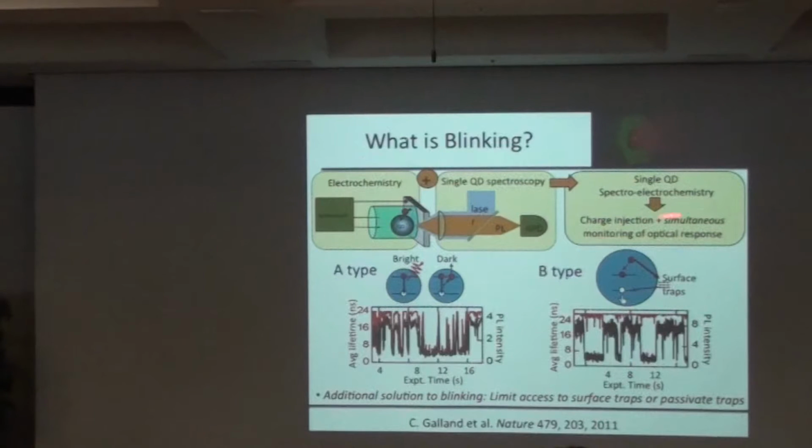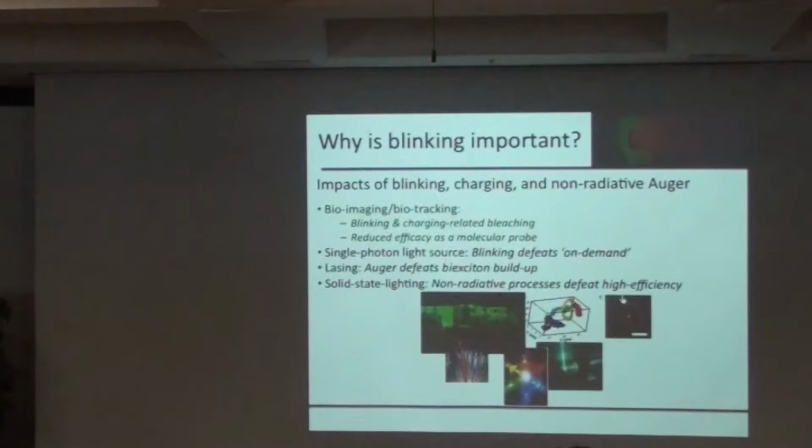So basically we're circumventing a luminescent process, but we're not impacting the lifetime of the process because Auger is not active here. And so these two processes, we believe, are fundamentally underpinning the process of blinking. And so I'm going to look at that in a second.